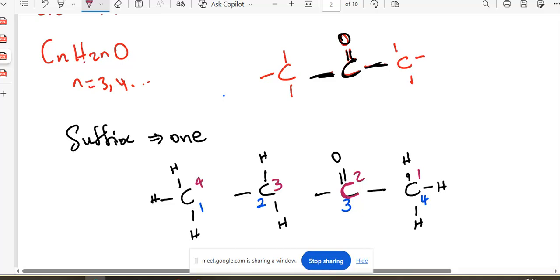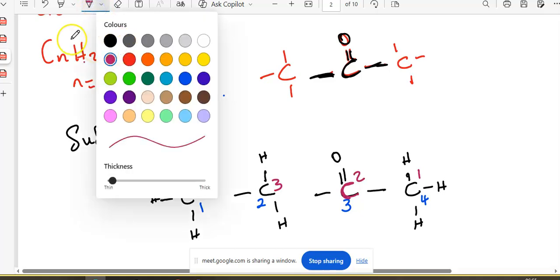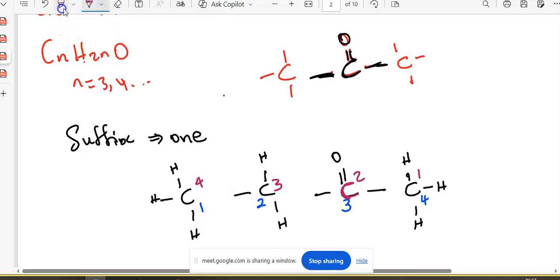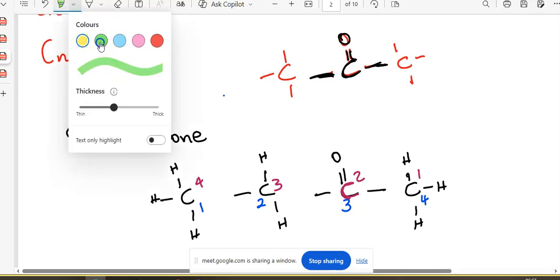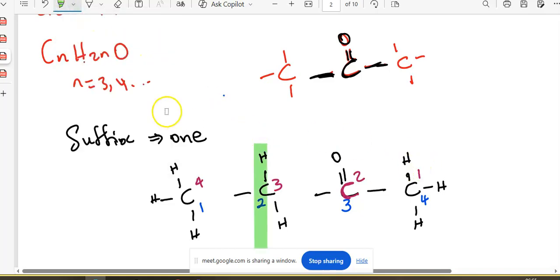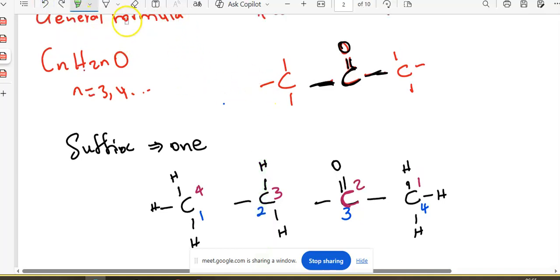Let's quickly highlight the functional group there. We have the functional group at carbon number 2 and 3.